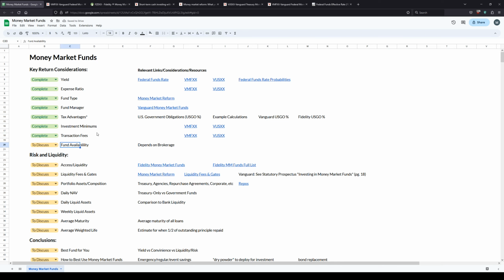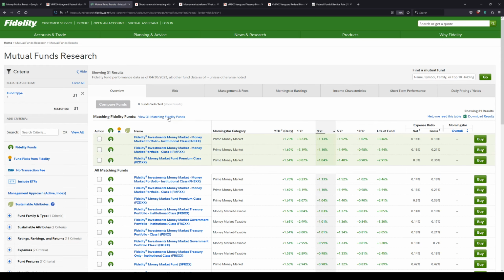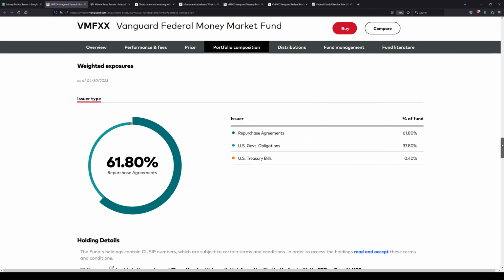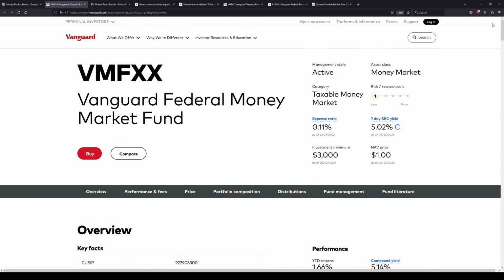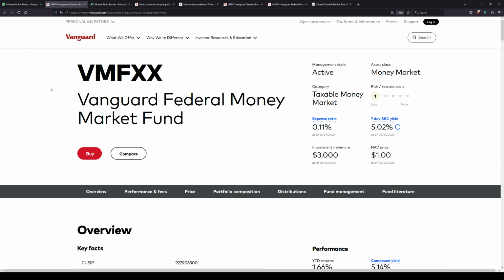And finally, for key return considerations, fund availability is another one that might be disappointing to some folks. So for instance, if you have a Fidelity brokerage account, they will not allow you to purchase a Vanguard money market fund within a Fidelity account. So if you want to have access to Vanguard's premium tier, so to speak, of money market funds, you'll need to have a brokerage account with Vanguard directly.